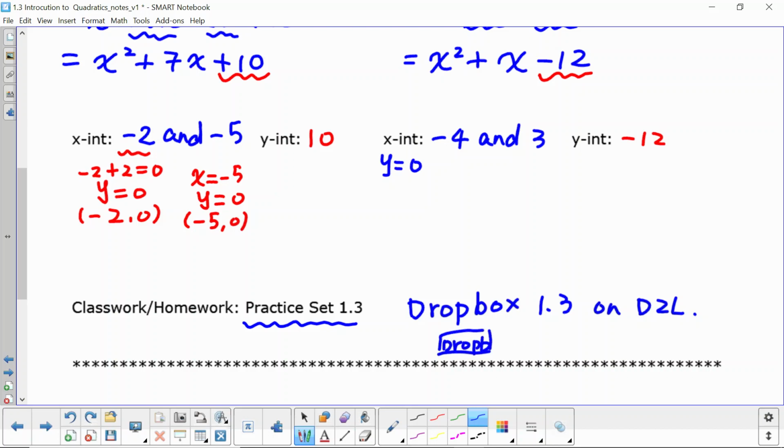Click on it. Then you click on 1.3. Then you click on add a file. Then you attach your pictures and submit. So after you attach them, then submit.